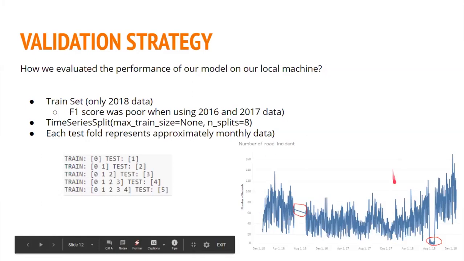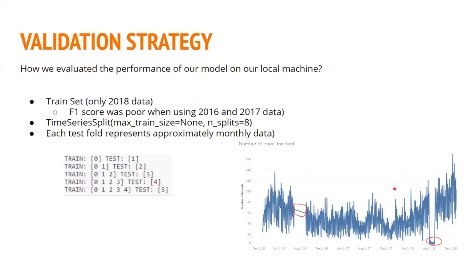Because when you're solving a time series problem, it's more advisable to use years closer to your prediction. It's not ideal to use a 1990 data set and try to predict the future of 2018. It doesn't look ideal.